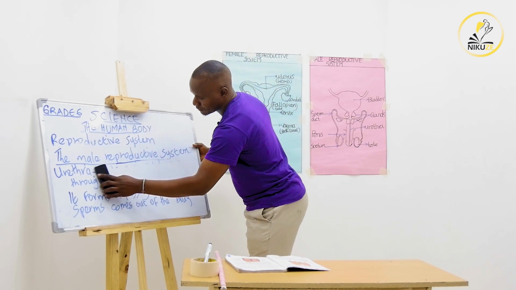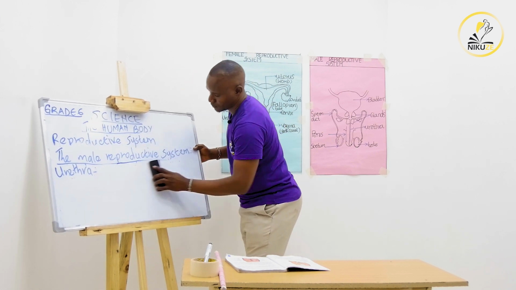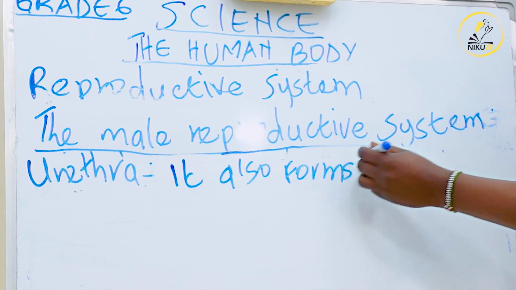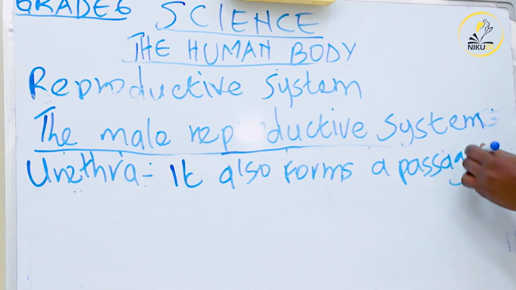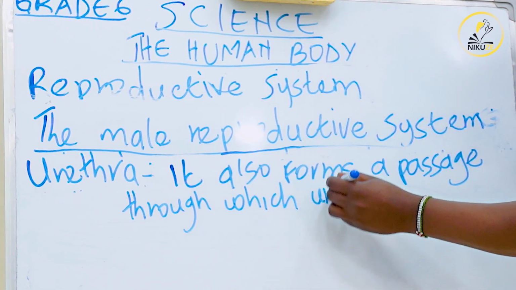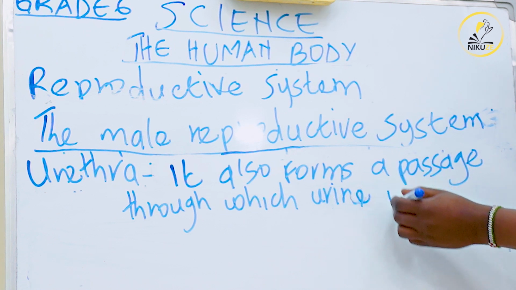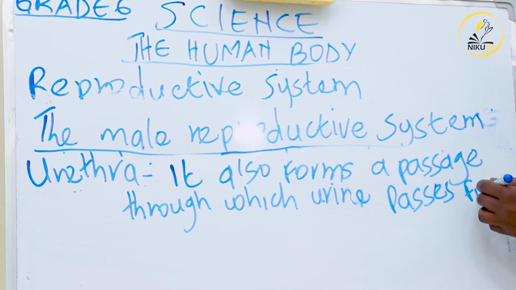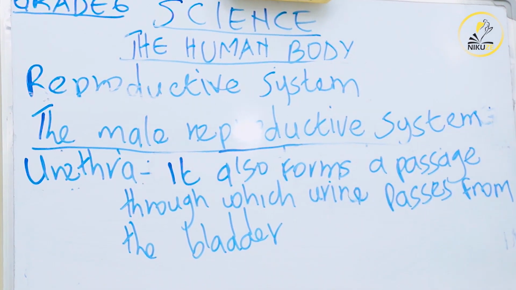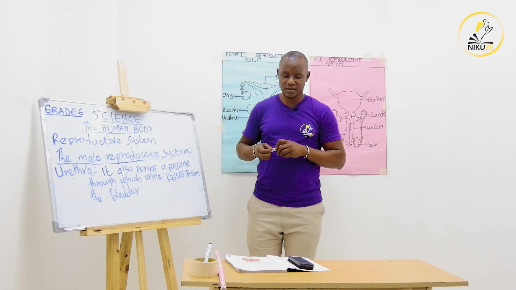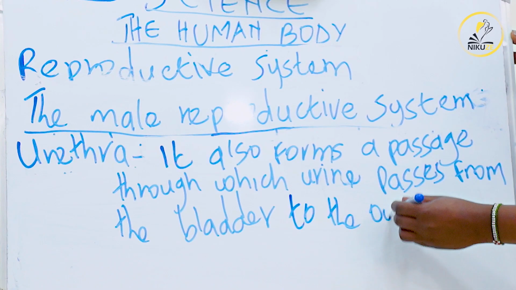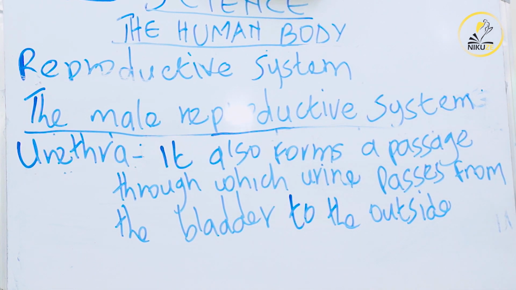Second role, it also forms a passage through which urine passes from the bladder to the outside of the body.